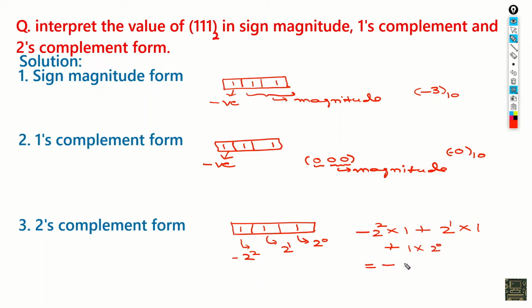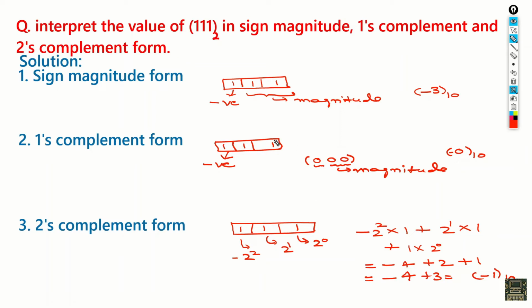So this is minus 4 plus 2 plus 1, which is minus 4 plus 3, and that's why this value is minus 1 in decimal number system.